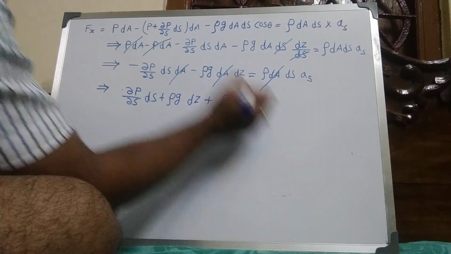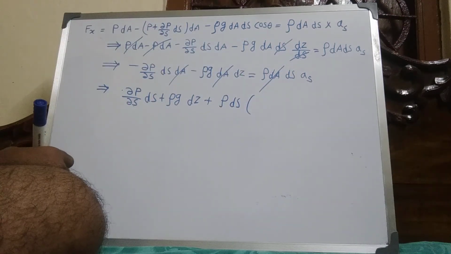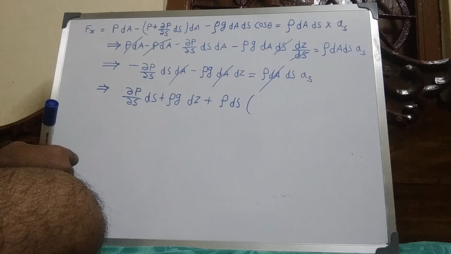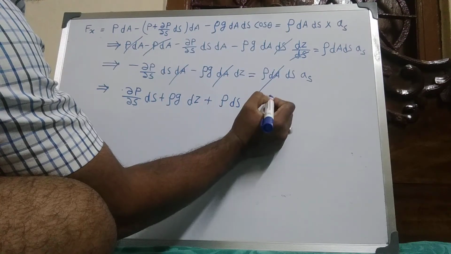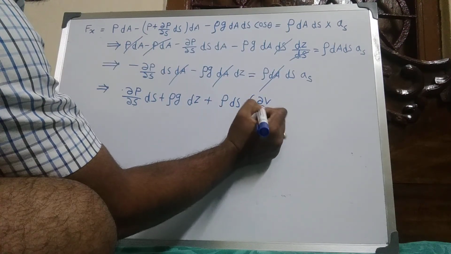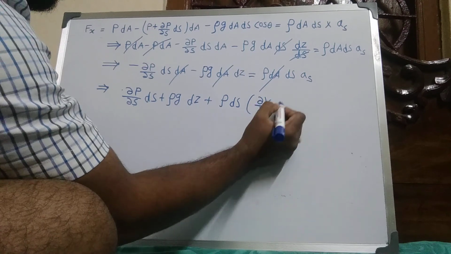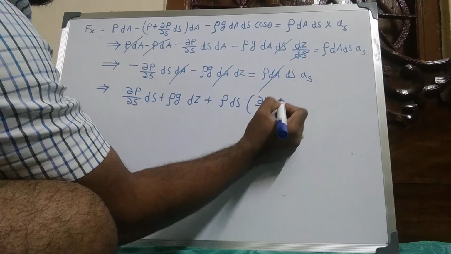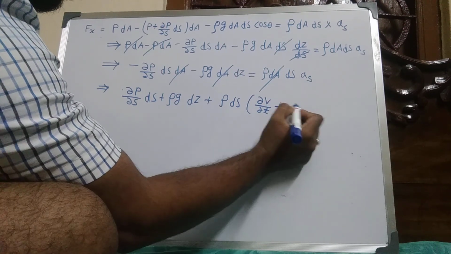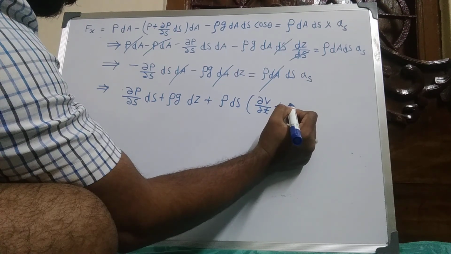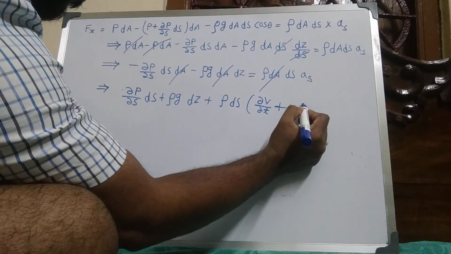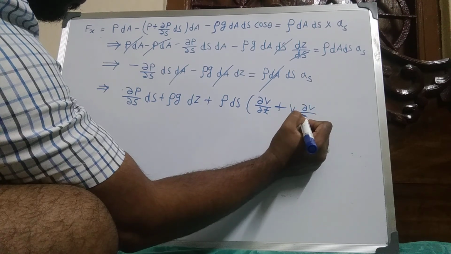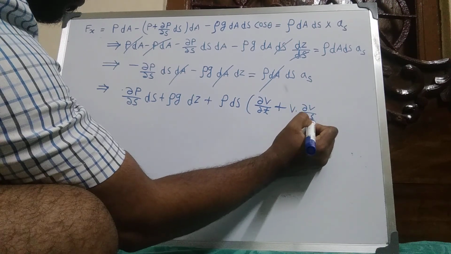And A is acceleration. I can write local acceleration and convective acceleration equal to dv by dt. Suppose the flow velocity is v, and this is the convective dv by ds.